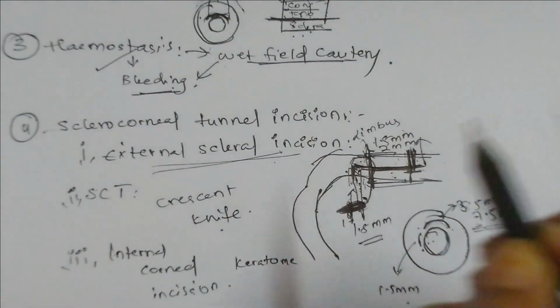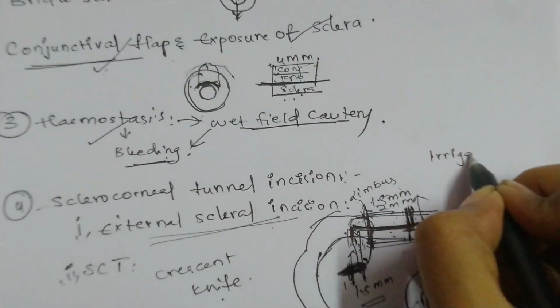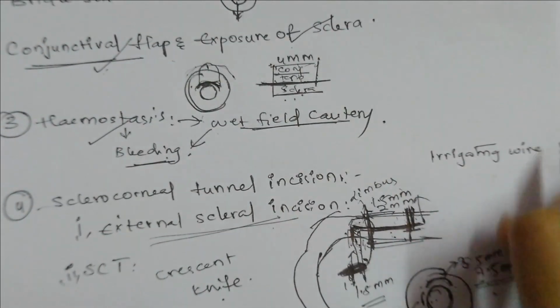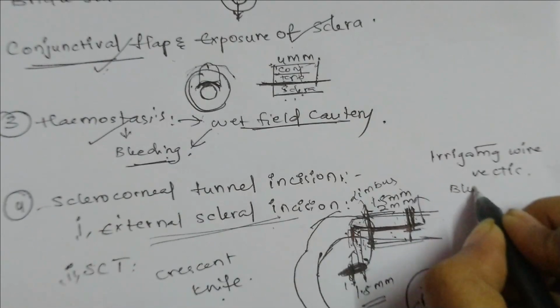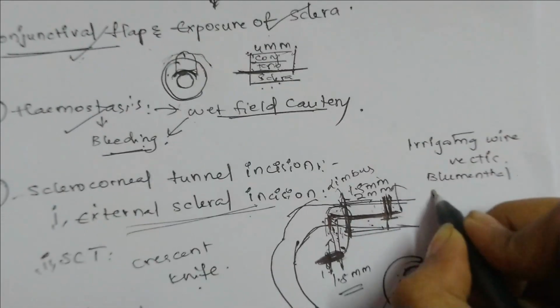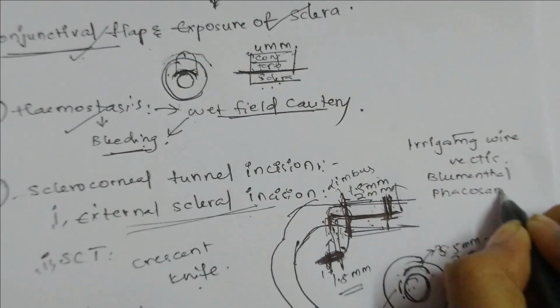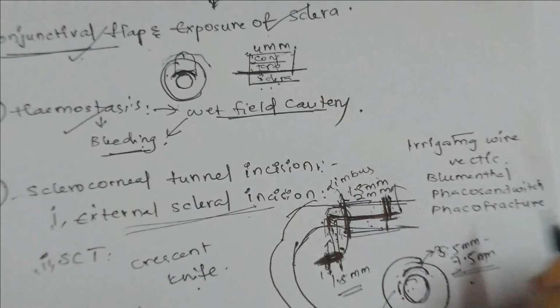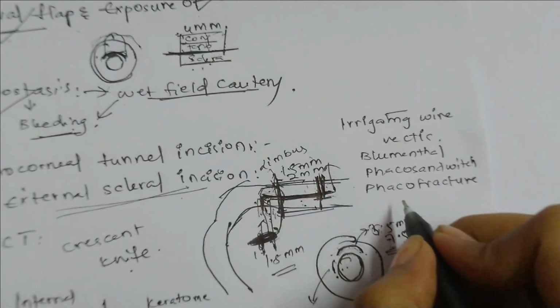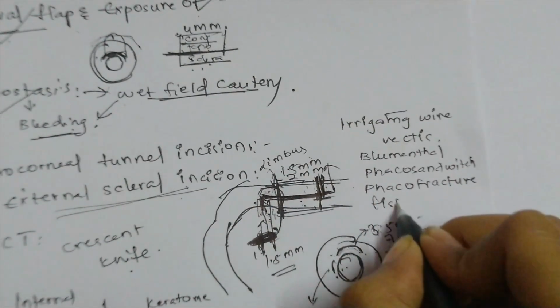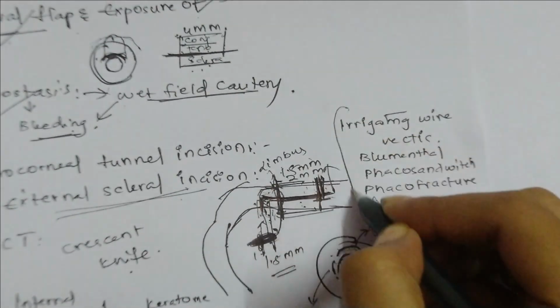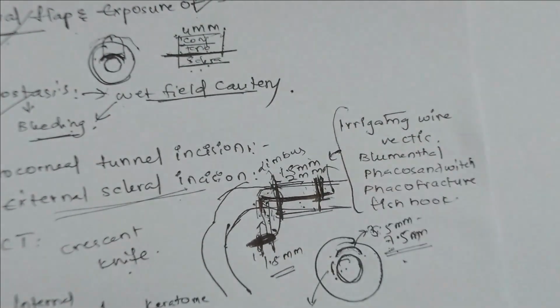This can be done with the help of irrigating Vectis or Blumenthal's technique or Faco sandwich technique or Faco fracture technique or fish hook technique. With these techniques, delivery of the nucleus outside can be done.